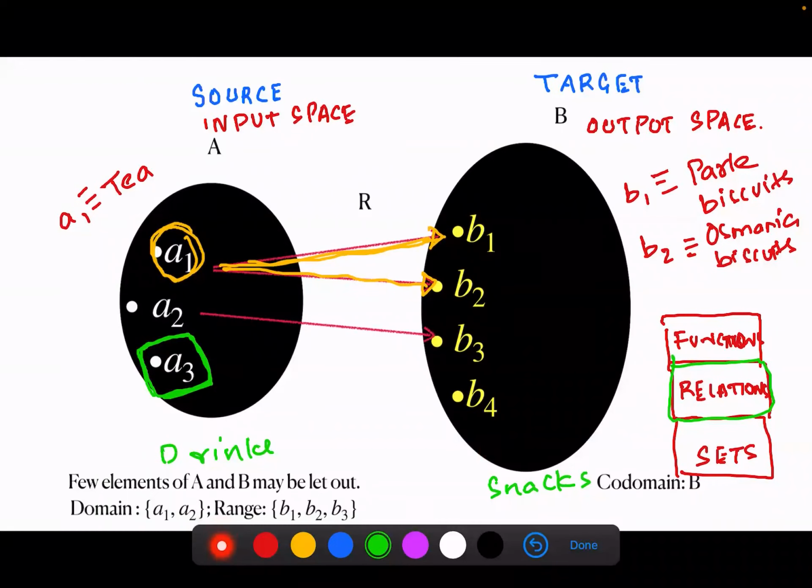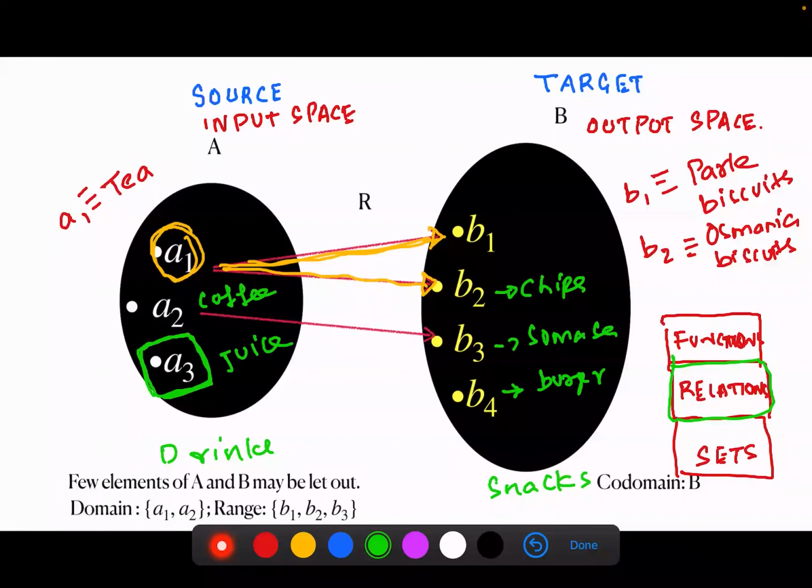B2 could be chips, B3 could be samosa, and B4 could be a burger. And for A, A1 is tea, A2 is coffee, and maybe A3 is juice. Okay? And then, what is range?